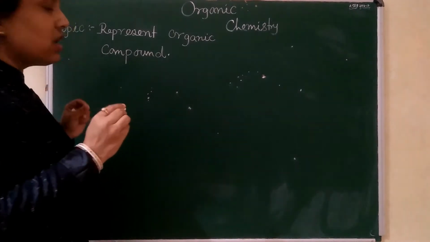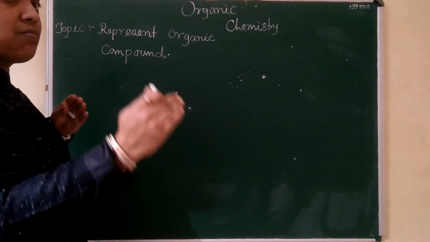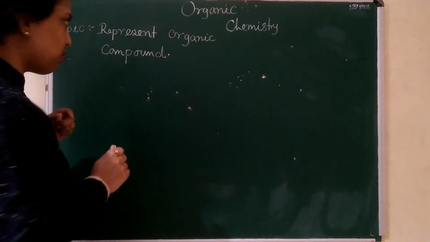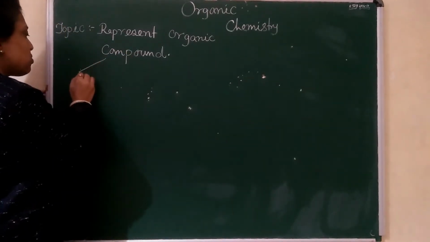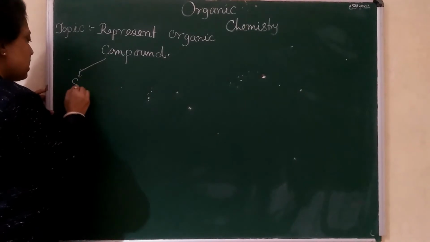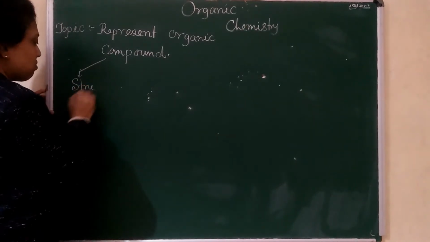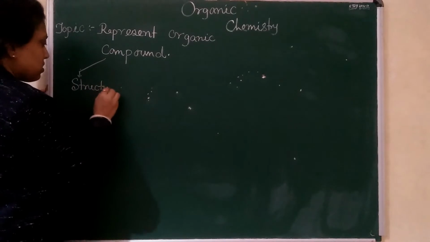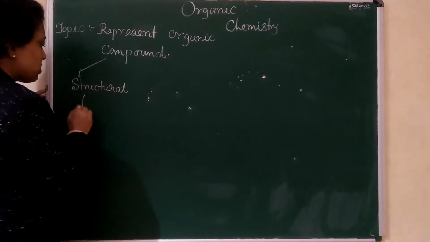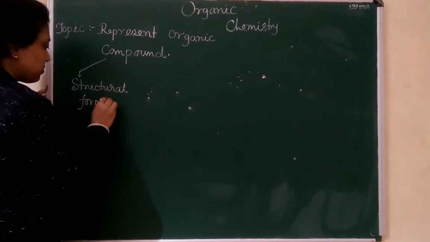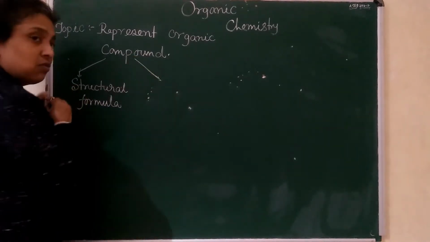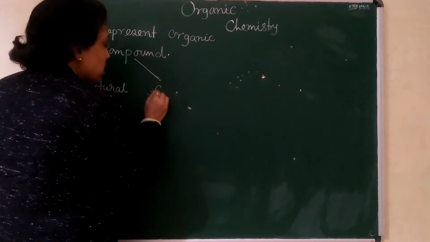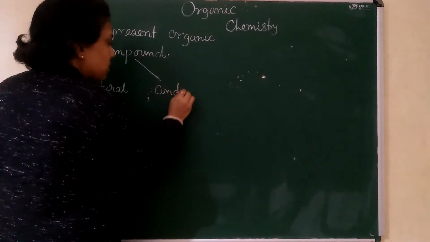For example, there are different types to represent organic compounds. The first way, what you have studied, is called structural formula. The second one, the new topic, is called condensed formula.